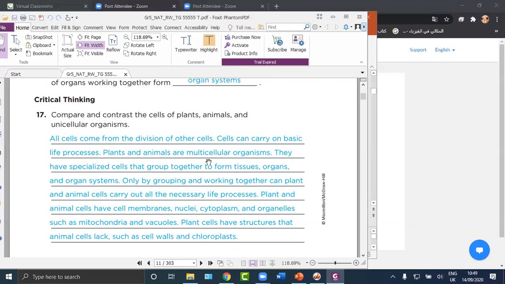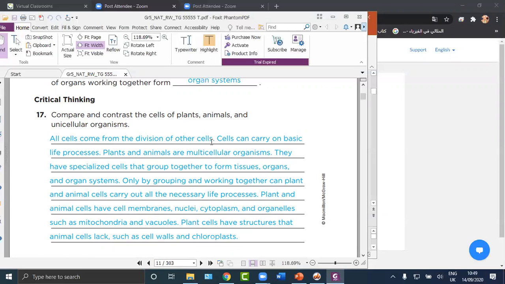Plants and animals are multicellular organisms. Do we have to write all? No, only the main idea, the idea that I explained before, in the textbook.